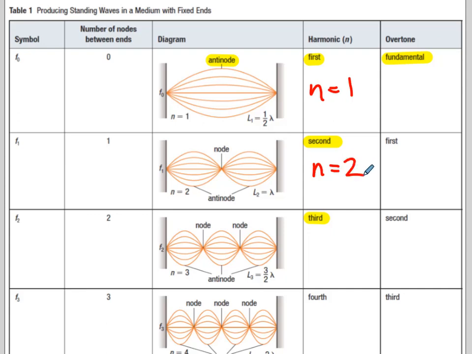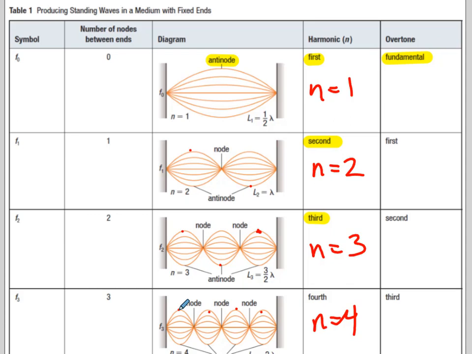When this is n equals 2, there are 2 antinodes. When this is n equals 3, there are 3 antinodes. It doesn't matter whether you show the top or bottom, they're just alternating back and forth. And when this is n equals 4, there are 4 antinodes. So if someone said the 6th harmonic, you would expect there to be 6 antinodes.